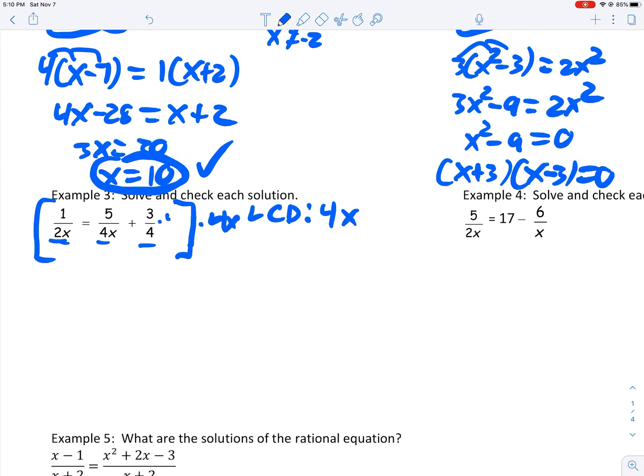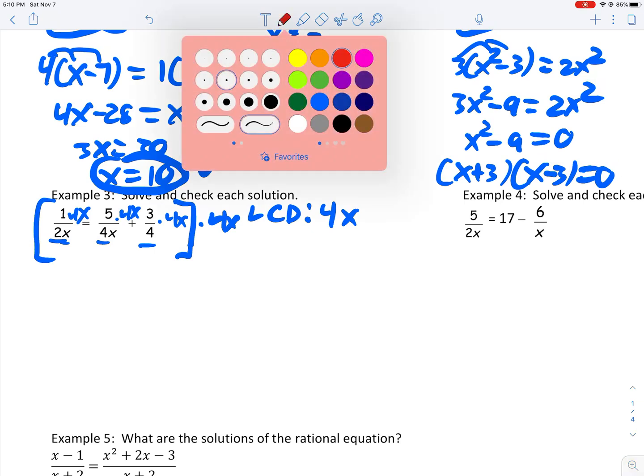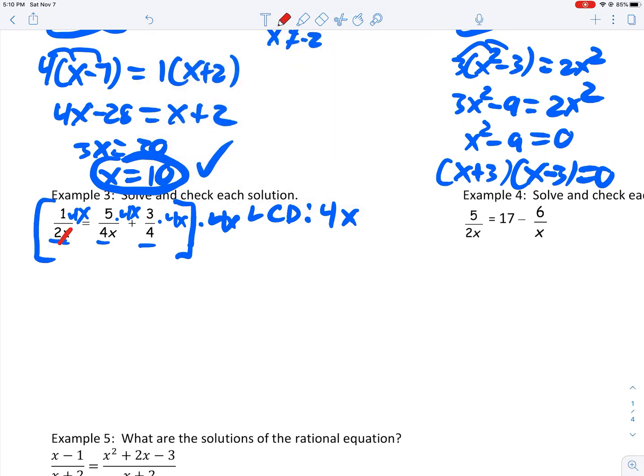That means multiplied by 4x, multiplied by 4x, multiplied by 4x. And now you're just going to simplify. So the x and x reduce. 2 goes into 4 2 times, so you get 2. Here the 4x is reduced, so it's 5. Plus here the 4 is reduced, 3x.